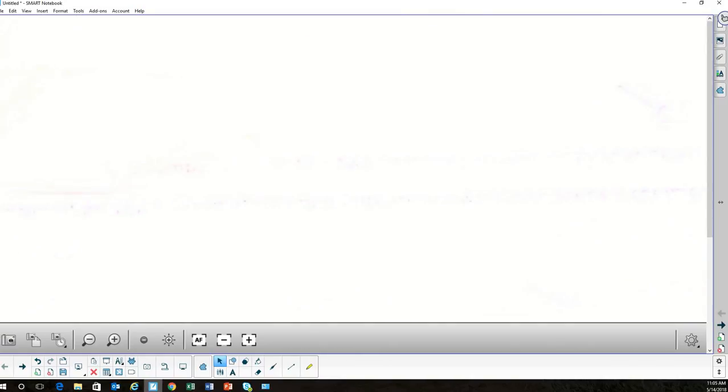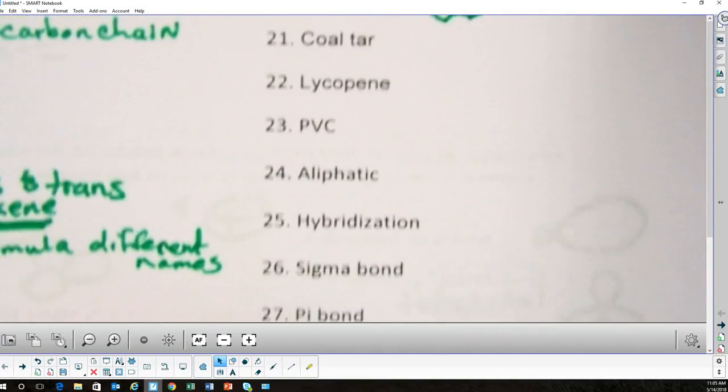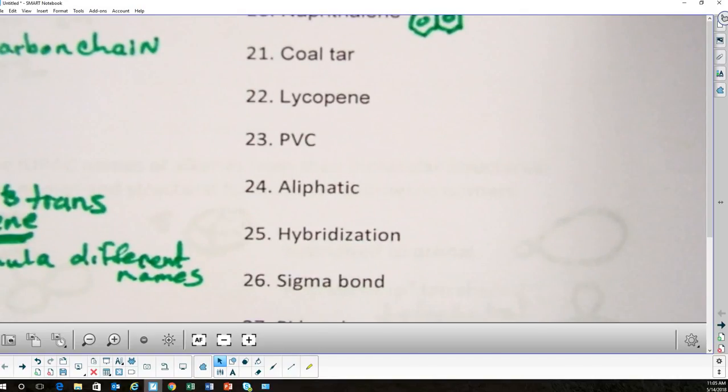I want to hit the very front page again on the rest of the definitions that we did not get to. So if you'd go there, first up. Coal tar basically is what is made when we put coal in water and we distill it.